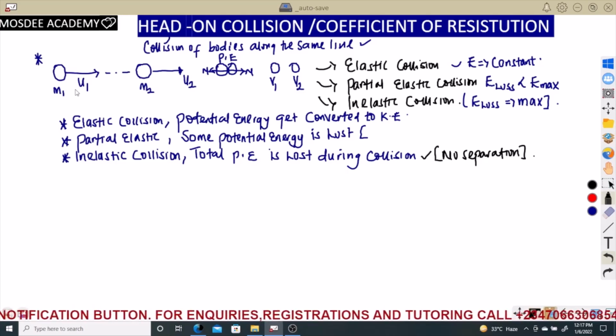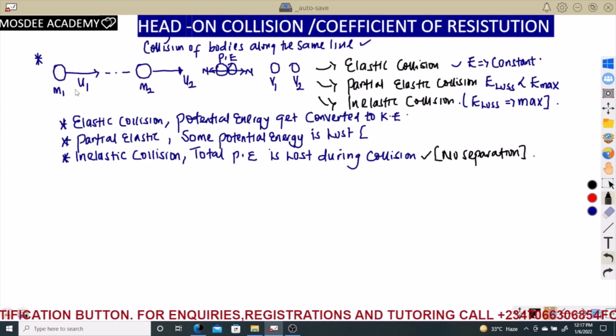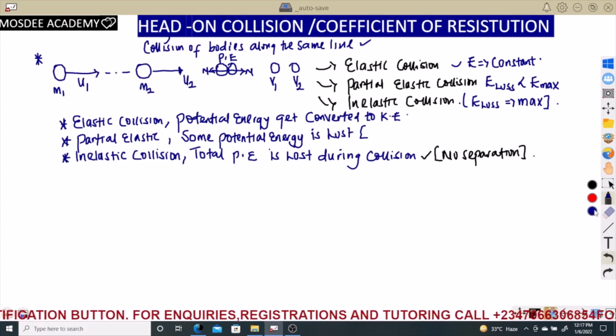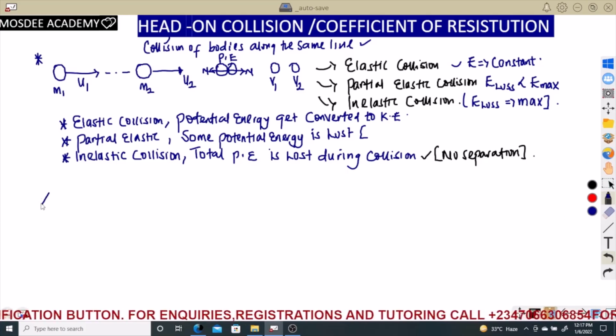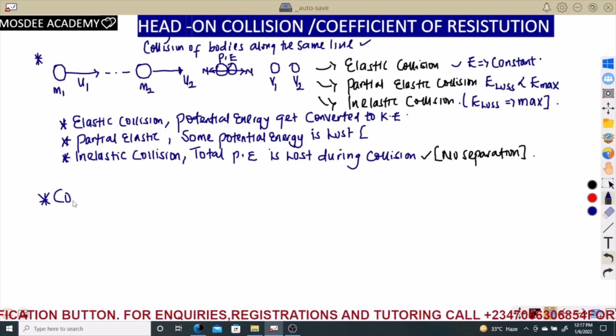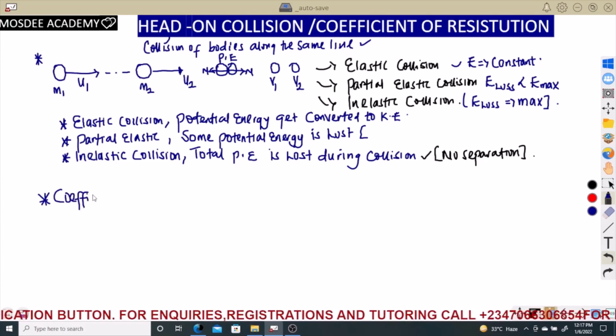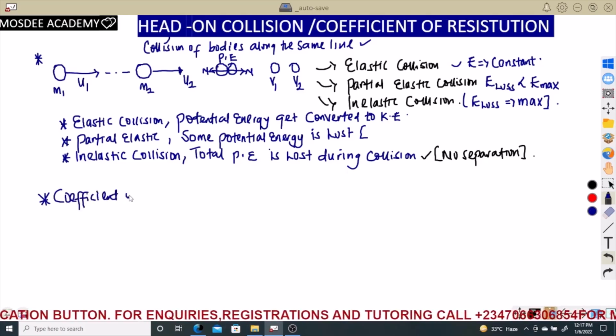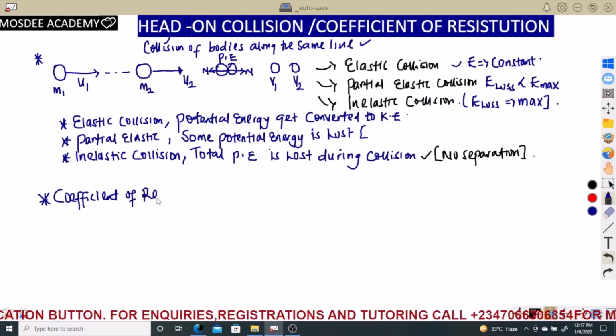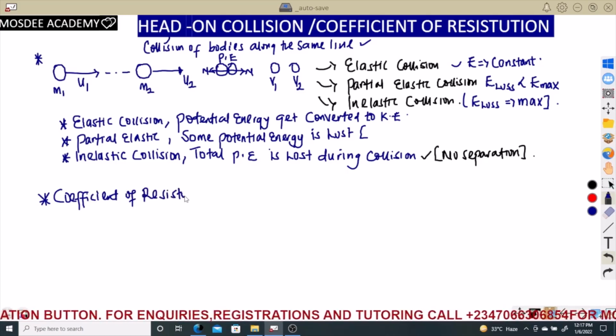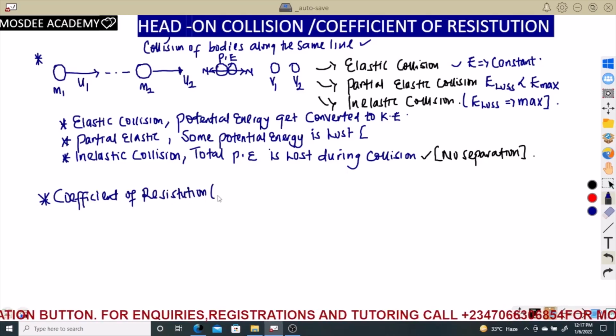So, understand this in three ways, and in continuation to this, we define another parameter we call the coefficient of restitution. In physics, the coefficient of restitution is denoted by the small letter e.